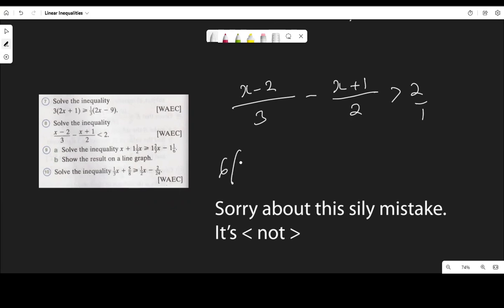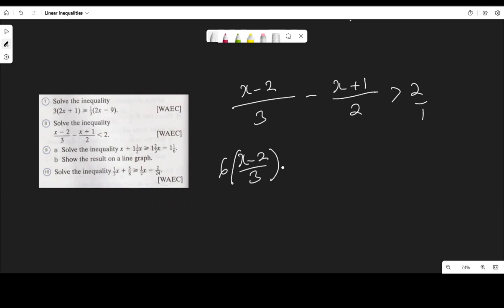So 6 multiplied by (x minus 2) over 3 minus 6 multiplied by (x plus 2) over 2 is greater than 6 multiplied by 2 over 1. So 2 here 1, 2 here 3, 3 here 1, 3 here 2.